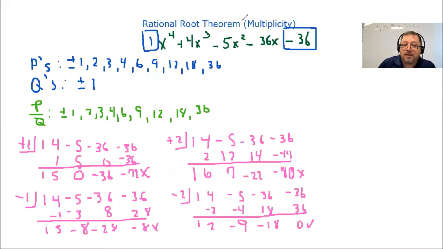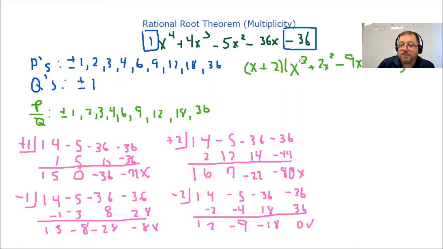So let's write down what we got so far. We know this is a solution. So x plus 2 times, what am I left with? Well, 1 represents x cubed plus 2x squared minus 9x minus 18.